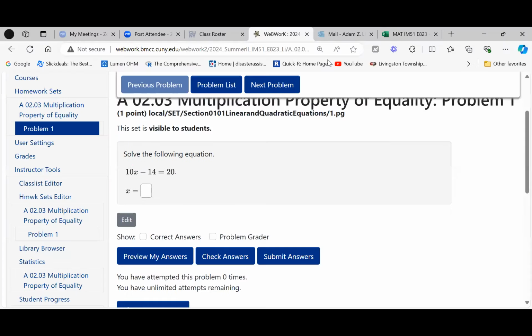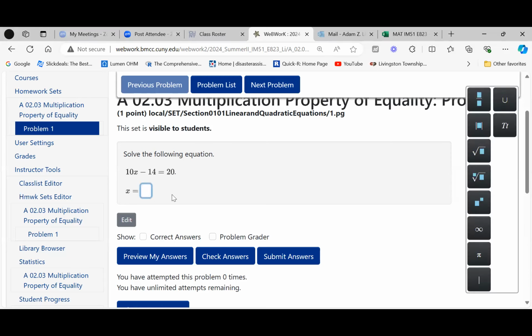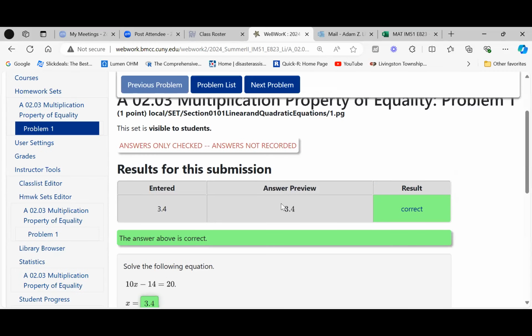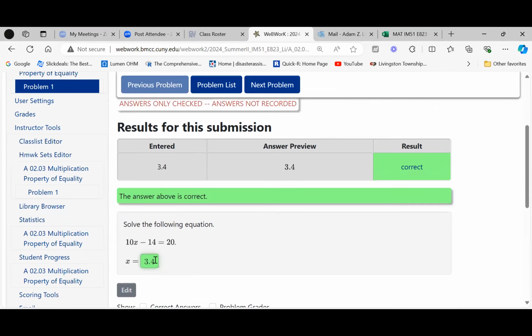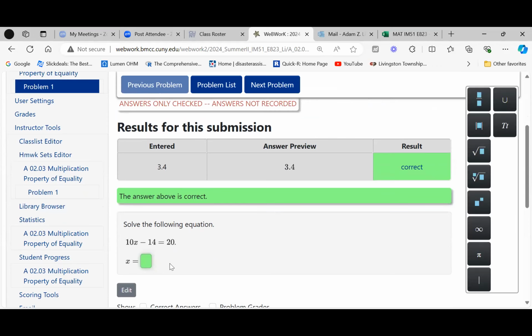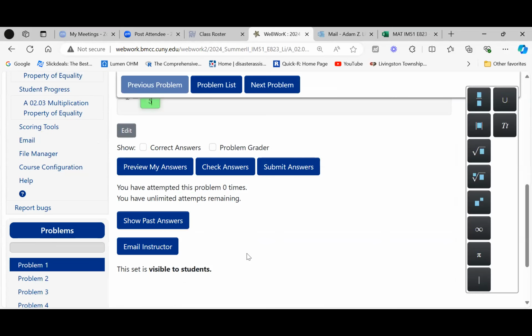Yeah, Professor. I didn't get a fraction. I got a decimal. I got 3.4. Yeah, 3.4 is good. 17 over 5 is 3.4. That's totally fine, right? You get it correct, you see? But if you put in 17 over 5, it's also correct. Yeah, definitely. But not every fraction can be turned into a decimal, right?